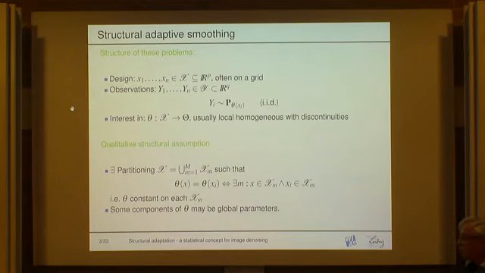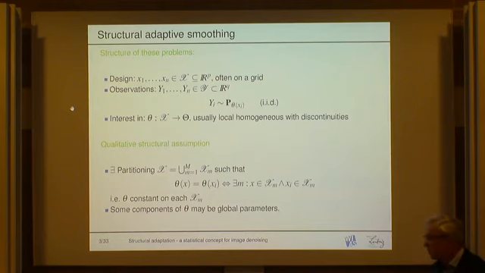Usually, you assume that this mapping of theta is characterized by local homogeneity, and between local homogeneous regions you have discontinuities.